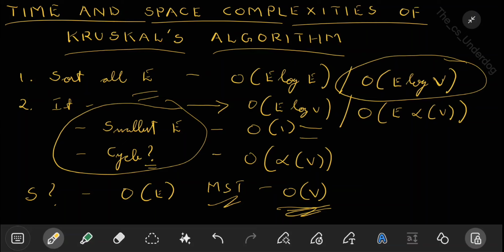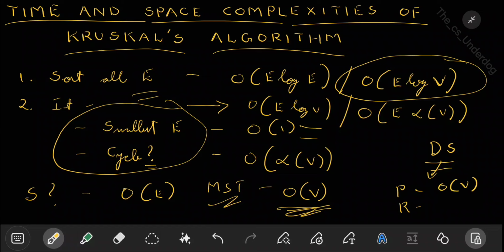One more space consuming part is the disjoint set data structure that we discussed we will be using. If you remember from our disjoint set data structure lecture under the data structure series, we learned that there is a parent array which we'll use and also a rank array which we have to use in order to implement the disjoint set data structure. For the parent array, you have to take order of V space.